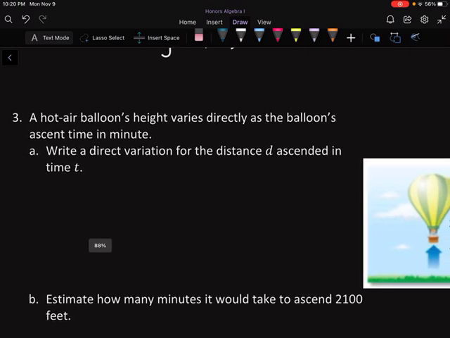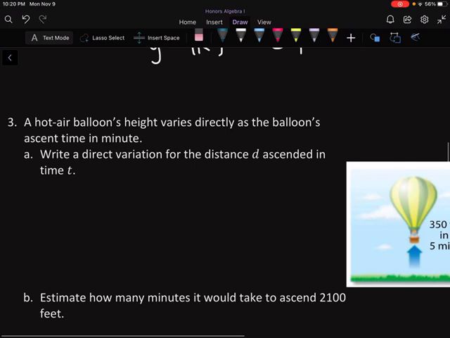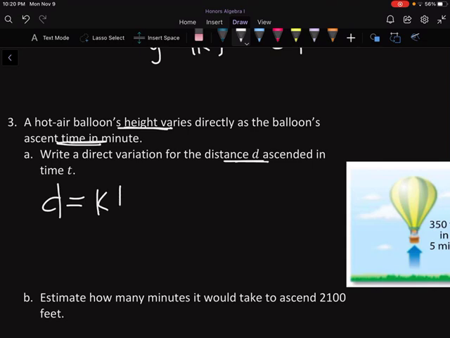A hot air balloon's height varies directly as the balloon's ascent time in minutes. We're going to use direct variation for this distance, d, ascended in t time. So we know that the height varies directly with time. So height is the distance, so d varies directly with time.